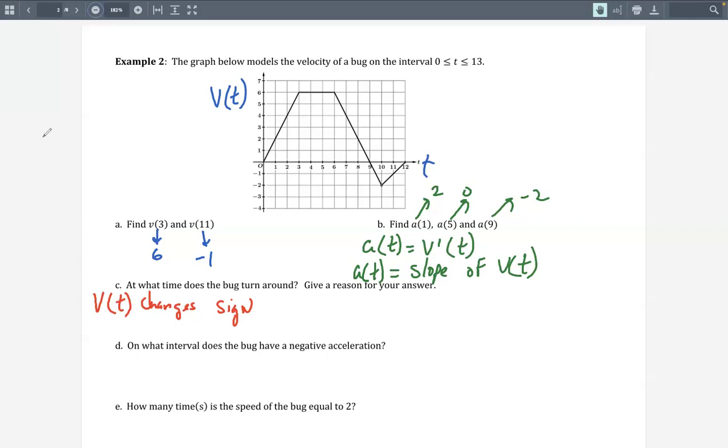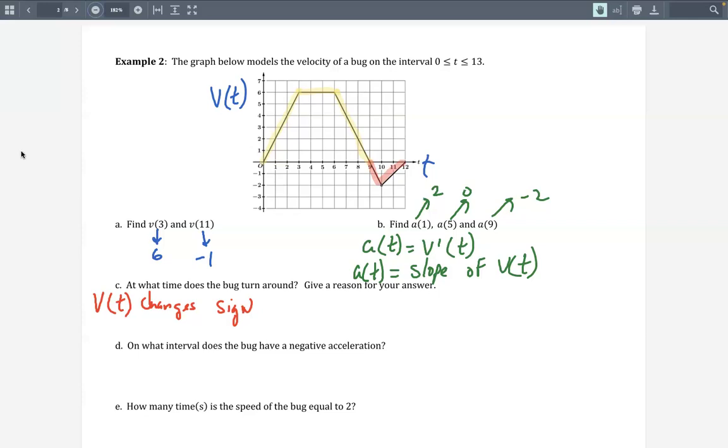Well, if we track this graph here, we're starting with a velocity of 0. The velocity of the bug is positive all through here. Here it's positive and not changing, and it's still positive all the way until we get to time 9. At time 9, the velocity changes from positive to negative. Okay, so everything in yellow is positive velocity, everything in red is negative.